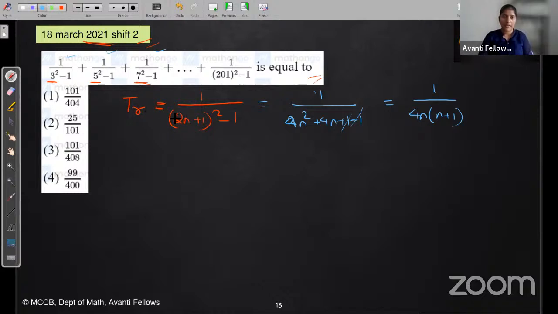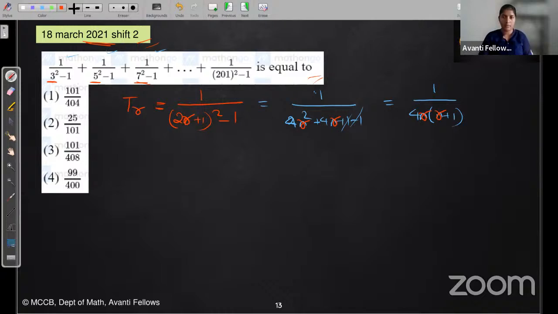Oh sorry, I wrote n-th term, right? Why have I written n here? It should be r. It's r-th term, right? So it should be r square, r, and yes, this both will be r. 4r into r plus 1.